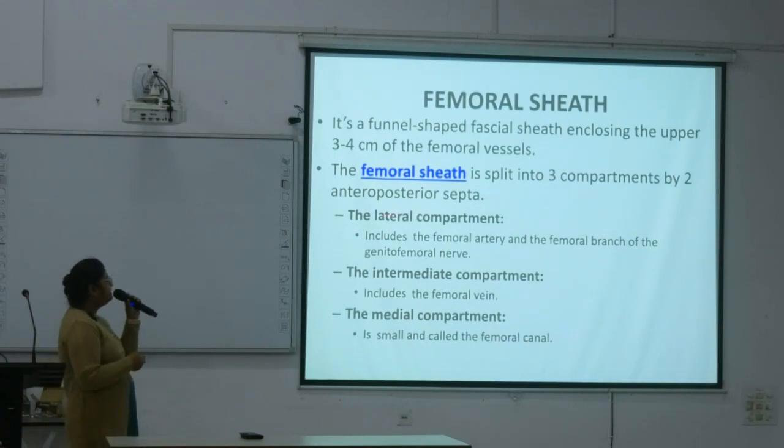What are these compartments? Lateral, intermediate and medial compartment. Its contents are important. The lateral compartment includes the femoral artery and the femoral branch of the genitofemoral nerve. The intermediate compartment includes the femoral vein, and the medial compartment is small and called the femoral canal.